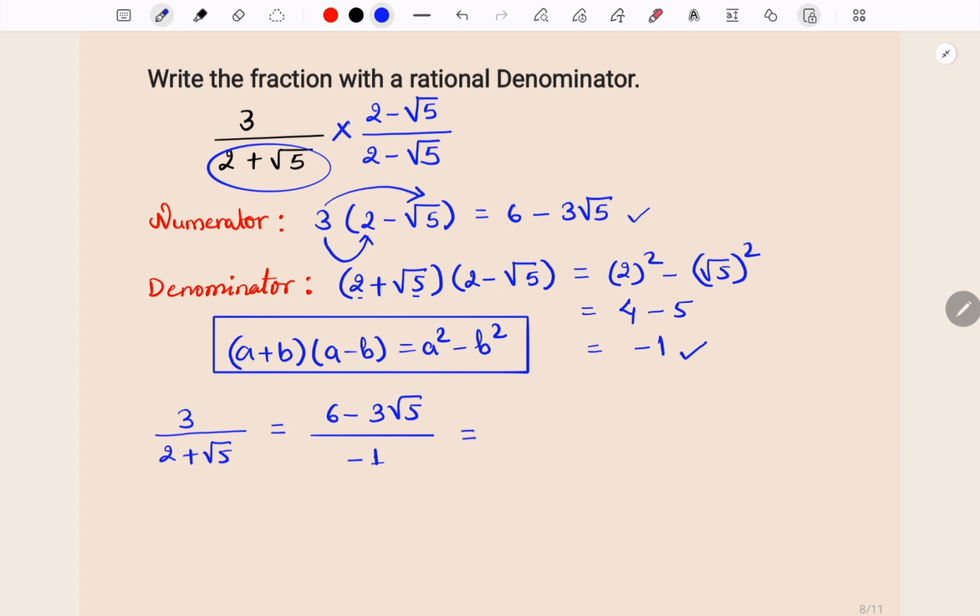This minus sign will be multiplied in the numerator and it will become minus 6 plus 3 root 5. So now we have successfully removed all the third portions of the denominator. Here the denominator is just 1, and this would be our final answer.